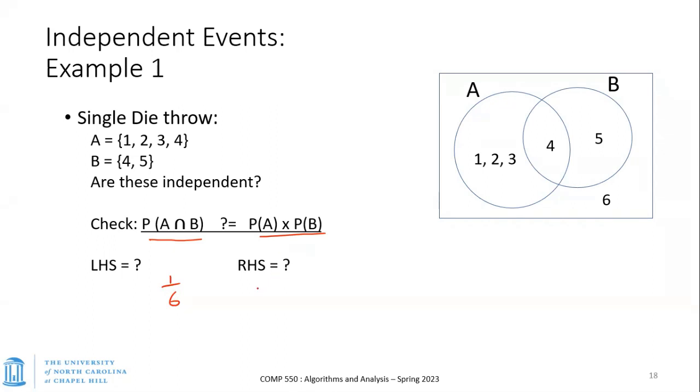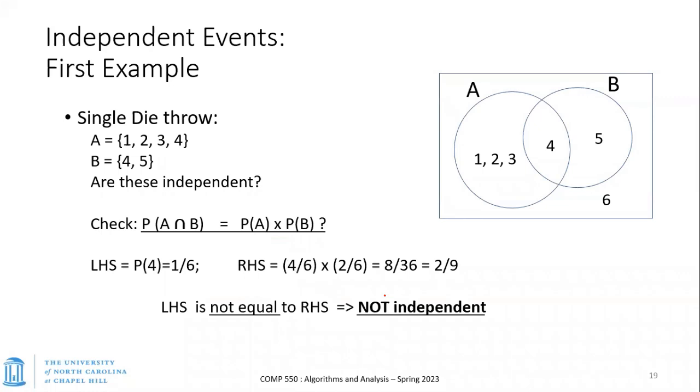A is 4/6, and B is 2/6. If we calculate the product, it comes out to 2/9, not 1/6. So from our definition, they are not independent.